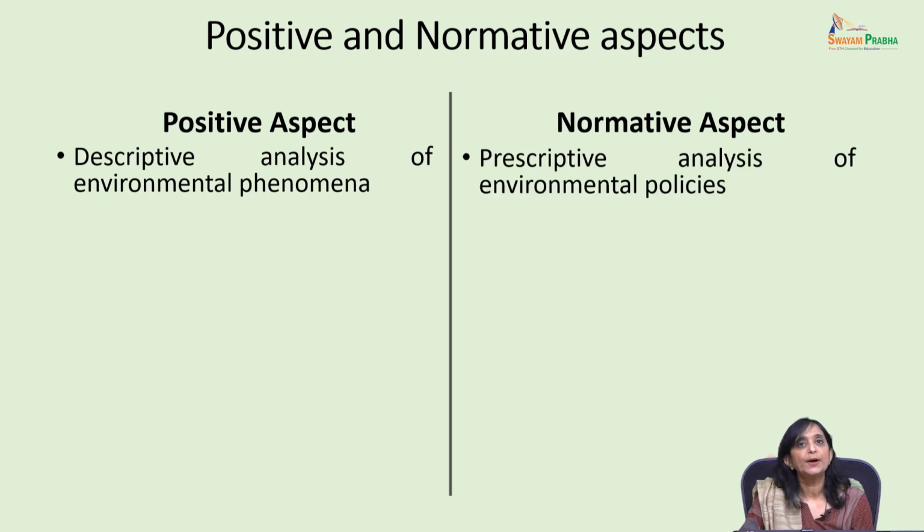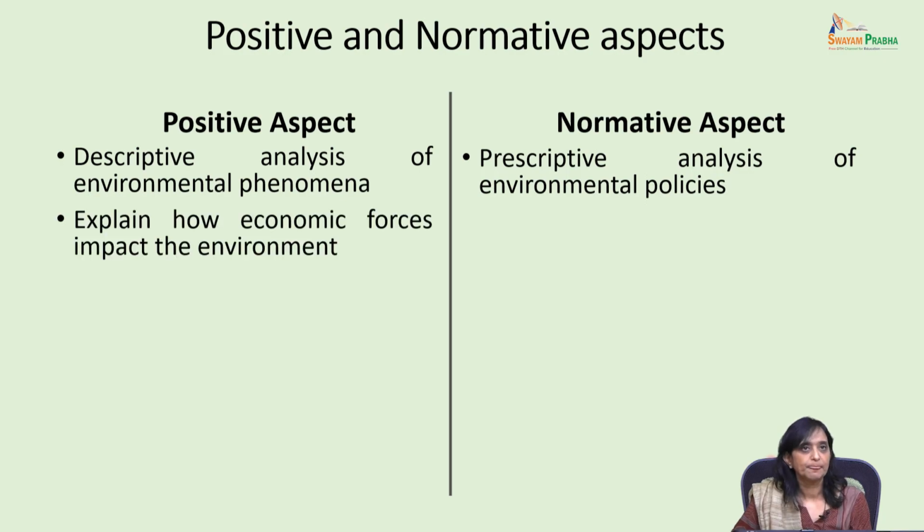Whereas, when we talk about normative aspects, it is a prescriptive analysis of environmental policies. That is, what should be, what ought to be, how it should be done is the normative aspect. So, as you would agree with me, from the environmental perspective, first we have to understand what is going on, and then we have to give a prescription for the solution, that is, what should have been done.